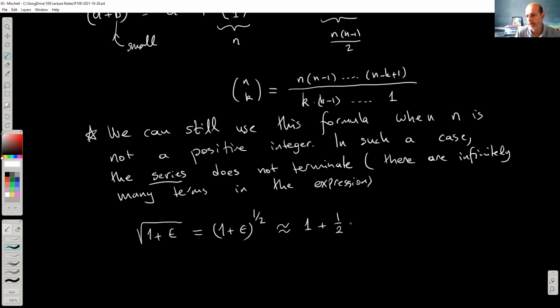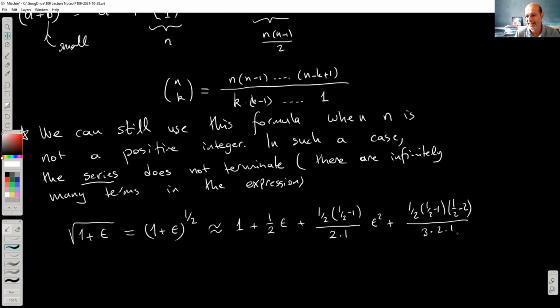This is 1 plus 1/2 of epsilon plus... n is equal to 1/2 this time. So you can write this thing down like that. It is 2 divided by 1 times epsilon squared plus 1/2, 1/2 minus 1, 1/2 minus 2 divided by 3 times 2 times 1 times epsilon cubed and so on, right?